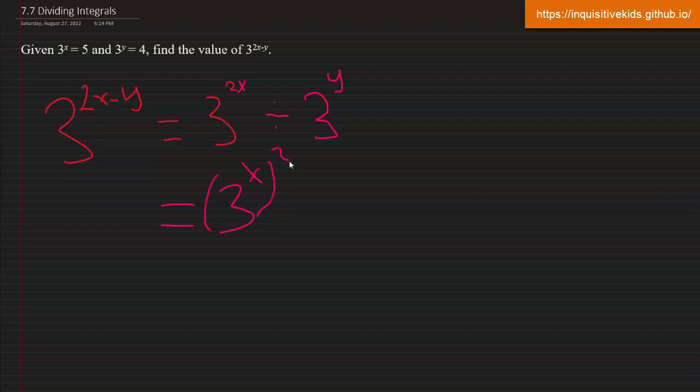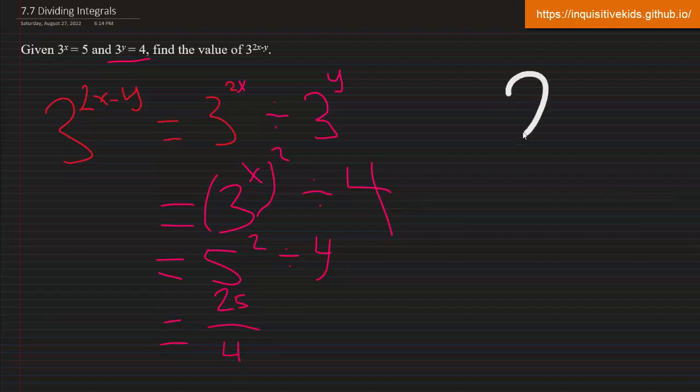So this is using the power of a power law that we also learned in the exponents lessons, and we already know that 3 to the y power is 4. And 3 to the x power equals 5. So we're left with 5 squared divided by 4, which is the same thing as 25 over 4. And so our answer would be 25 over 4.